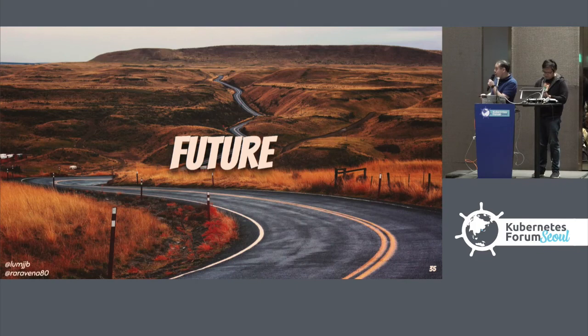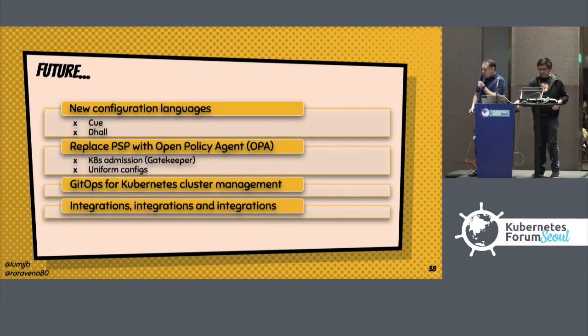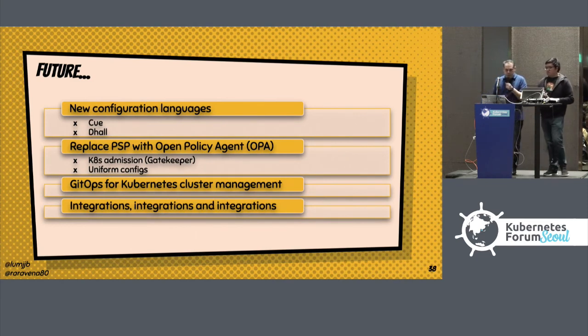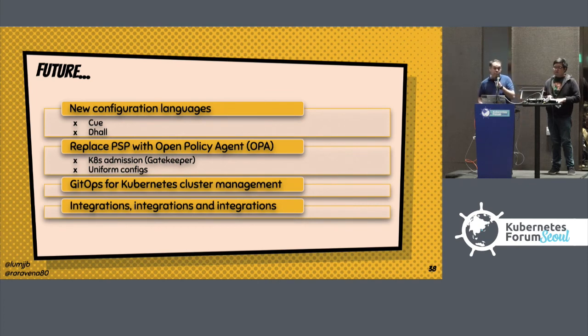Okay, what does it look like in terms of the future? So we'll see maybe on these pipelines new configuration languages. The word is that YAML is pretty good, but then when people have lots of definitions, it becomes really cumbersome.